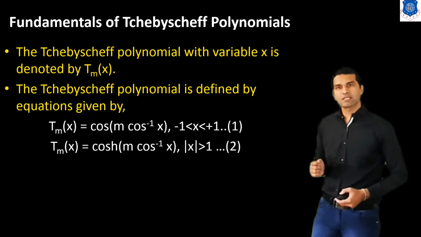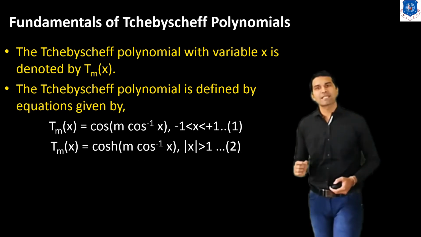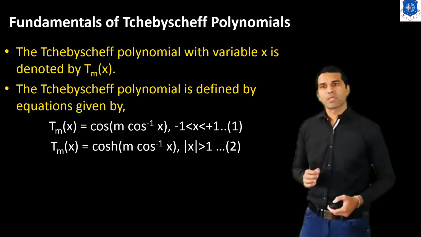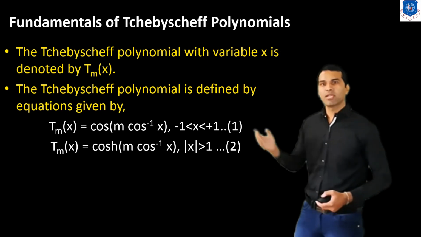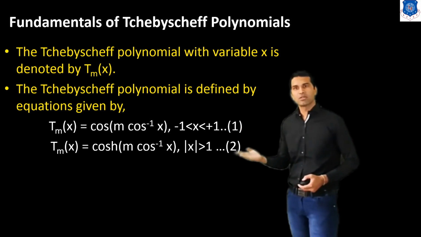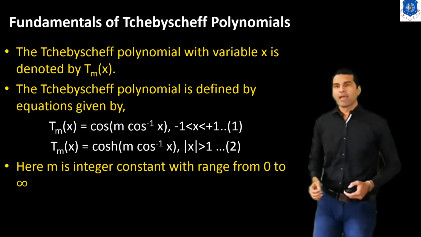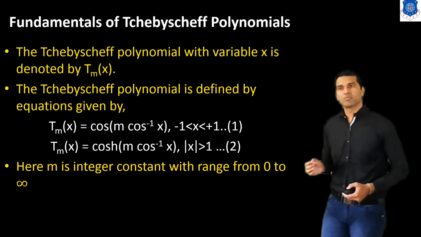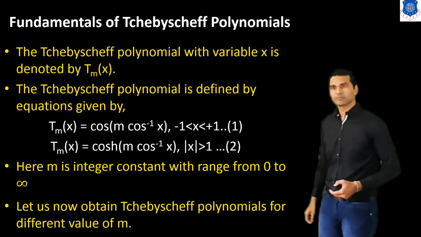And for x greater than 1, Tm(x) equals cosh(m cosh inverse x). We give these as equations 1 and 2. Here m is an integer constant ranging from 0 to infinity.